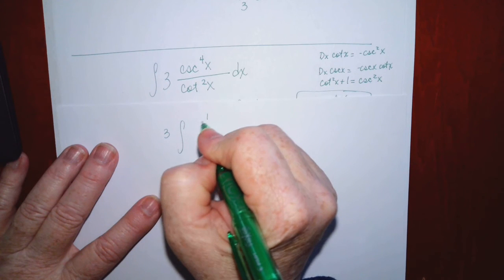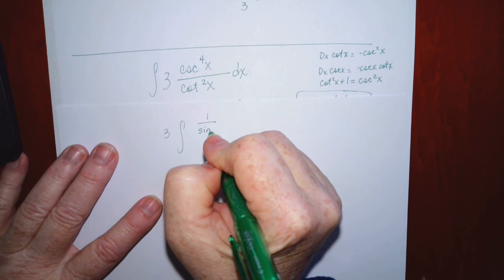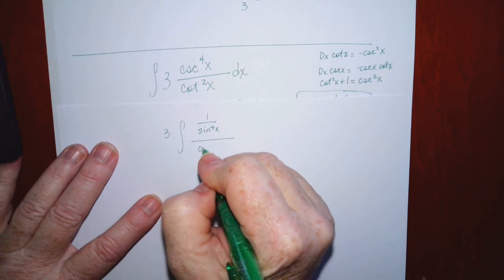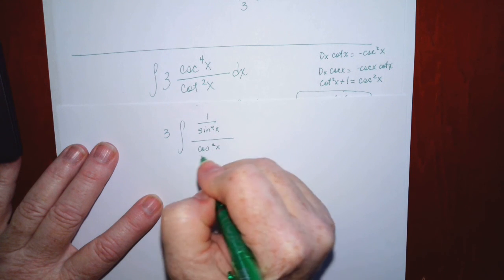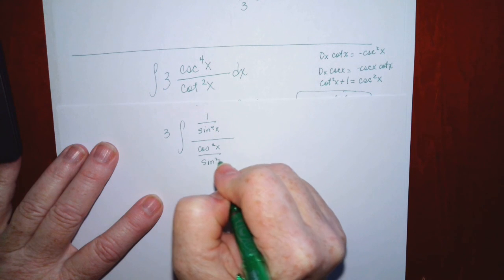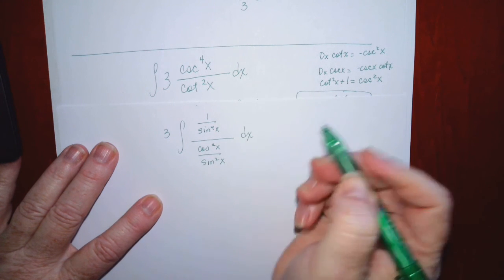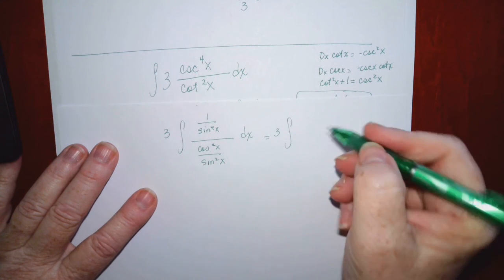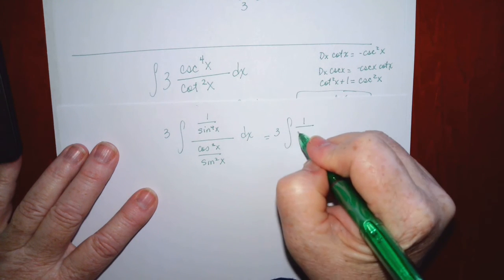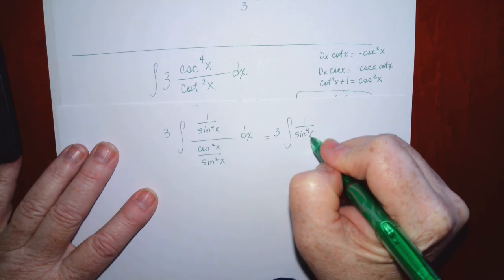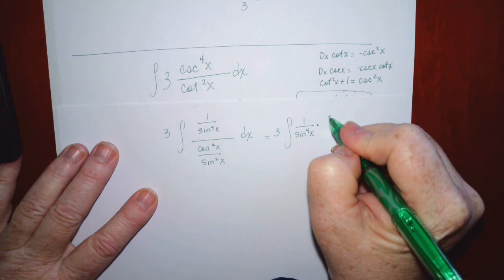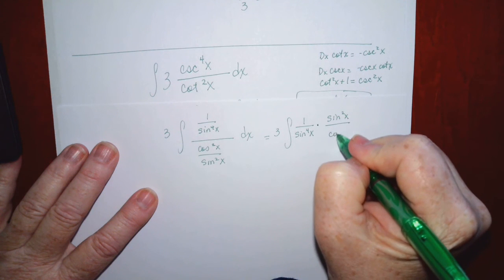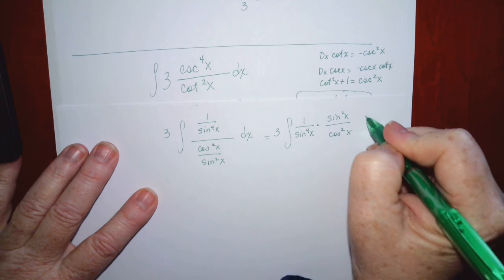Cosecant is 1 over sine. Cotangent is cosine over sine. So this would be 3 times the integral of 1 over sine to the 4th x times sine squared x over cosine squared x.